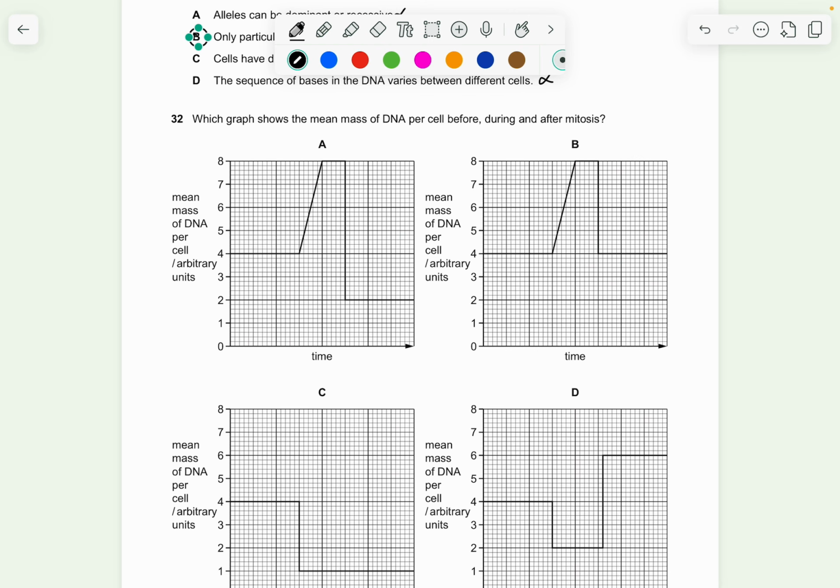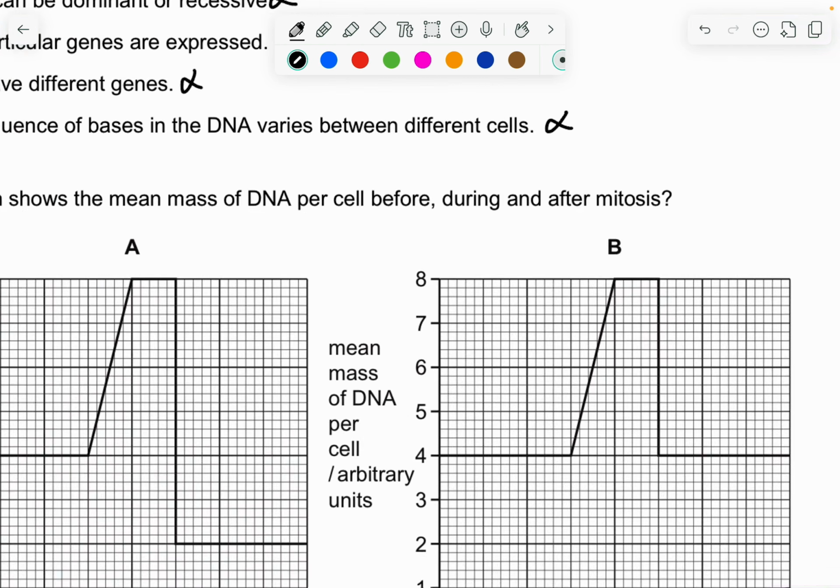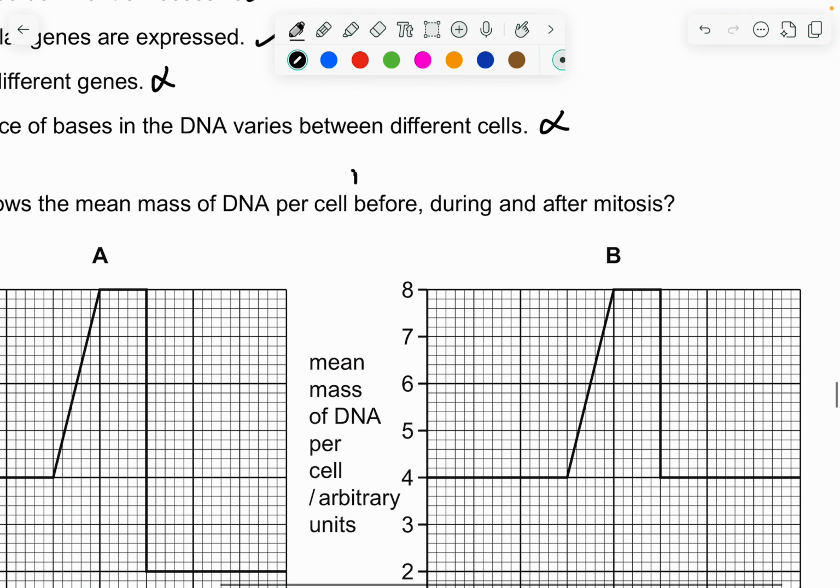This is before, during, and after mitosis. If you do not know, before is actually the interphase. Then during will be your mitosis, and after that is known as cytokinesis.